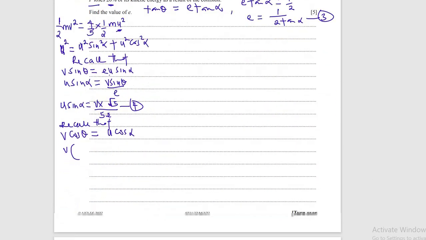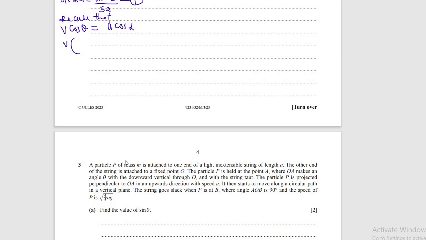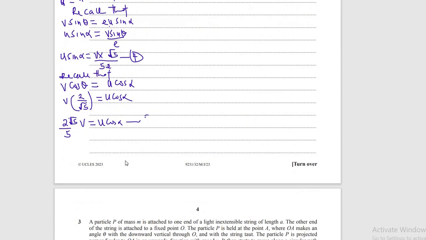Yeah, the hypotenuse is root 5. So we have 2 over root 5 equal to u cos alpha, which is the same thing as 2 root 5 over 5, when you rationalize, v equal to u cos alpha. This is equation 5.